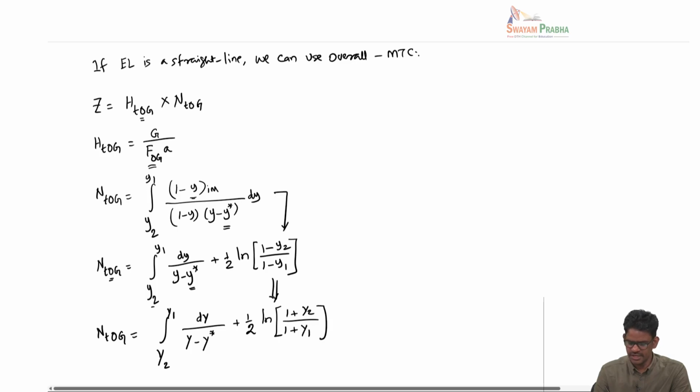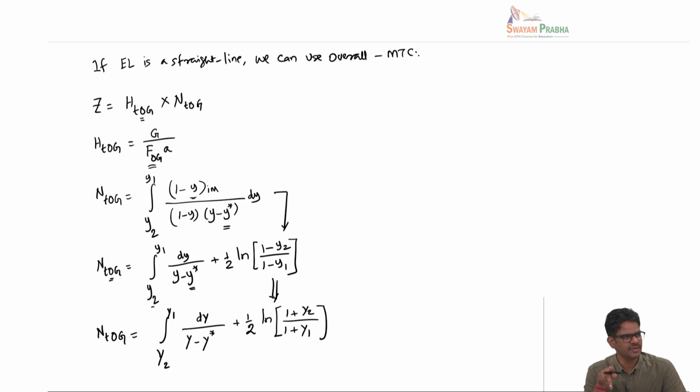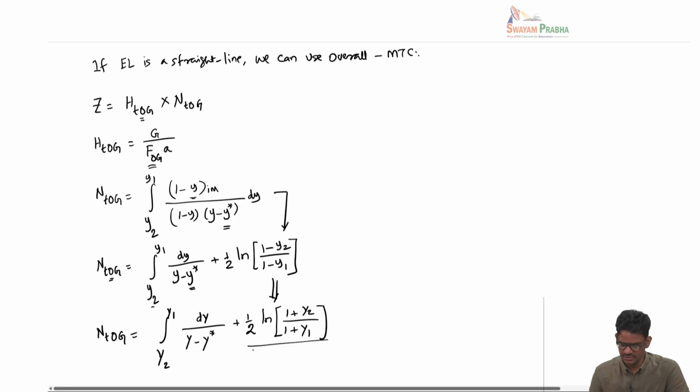Note that this term now changes when I change the mole fraction to mole ratio unit, because I have to substitute for Y2 and Y1 in terms of the mole ratio. Then this term becomes this.